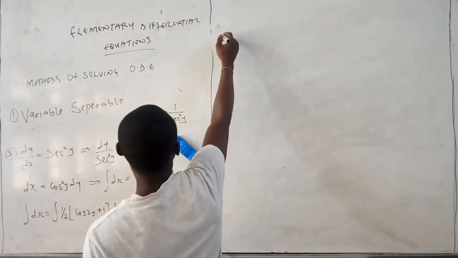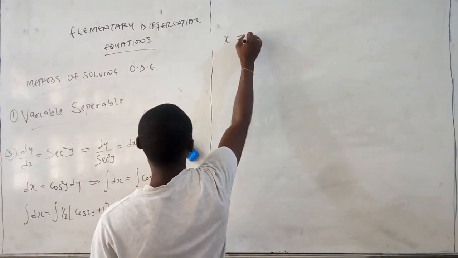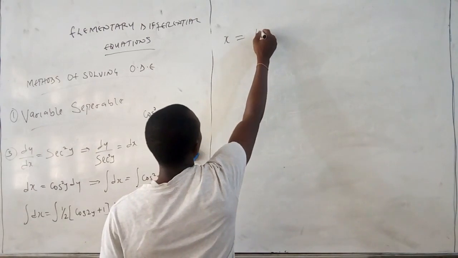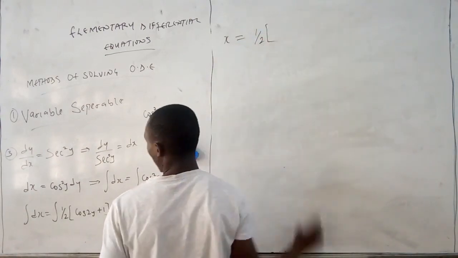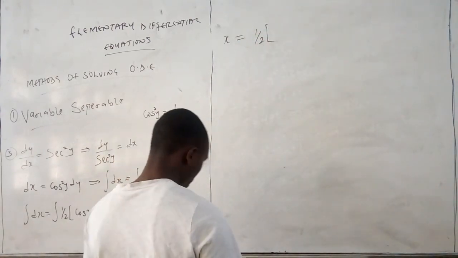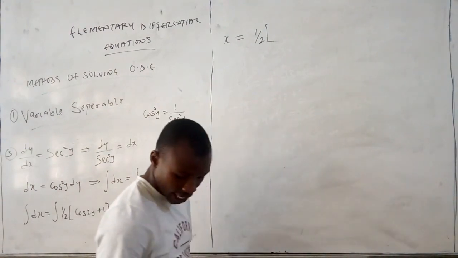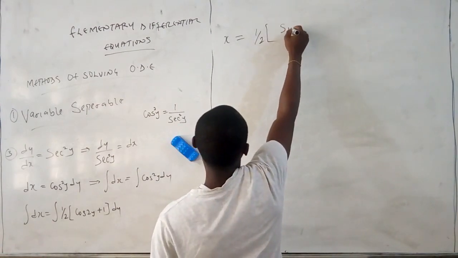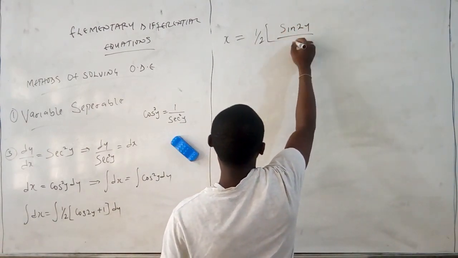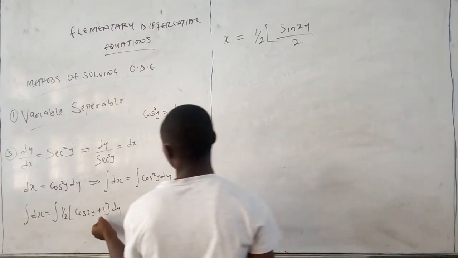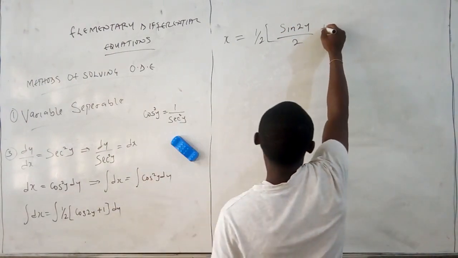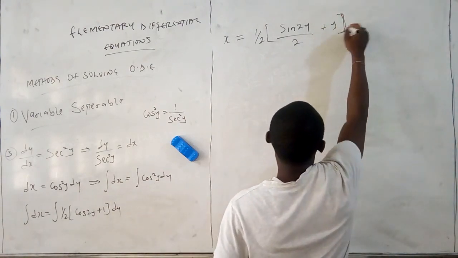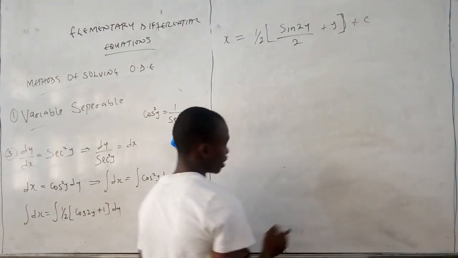So integral of dx is x is equal to 1 over 2 integral of cos 2y, which is sine 2y all over 2. Then integral of 1 is y plus c, constant of integration.